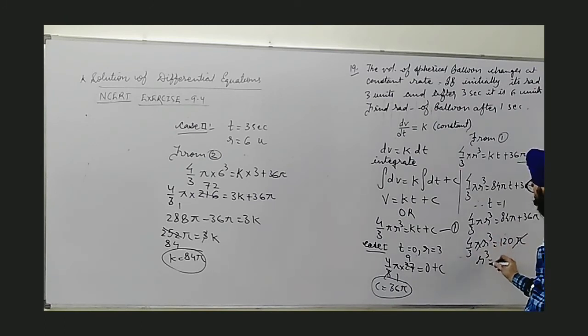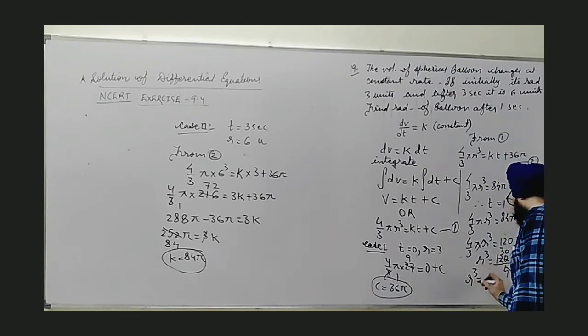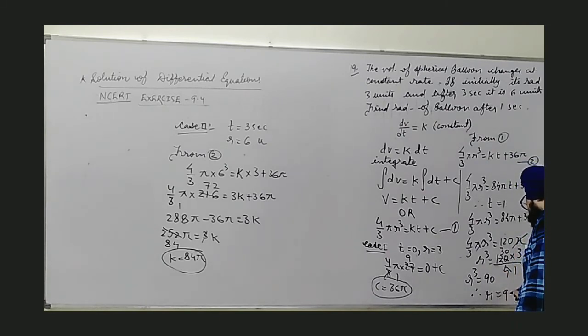R cube is 120 into 3 upon 4, which gives us r cube equal to 90. Therefore for 1 second, r equals 90 raised to the power 1 by 3, the cube root of 90. So this gives you the final answer, and I hope you understand all these questions from this exercise 9.4. Thank you. That's all.